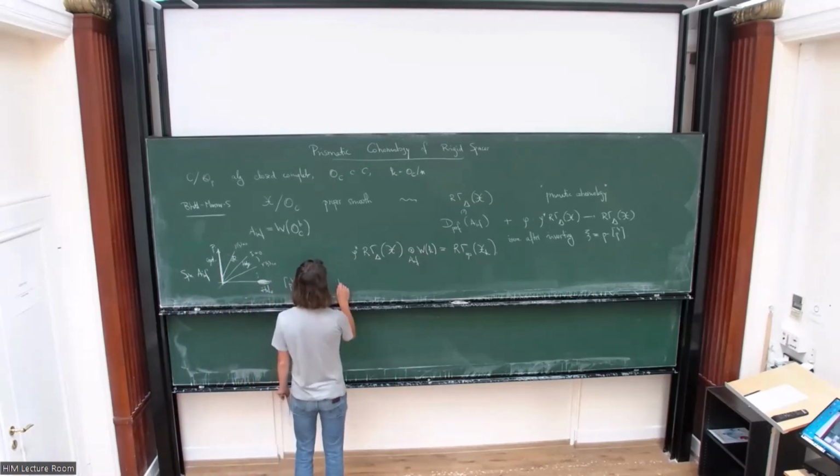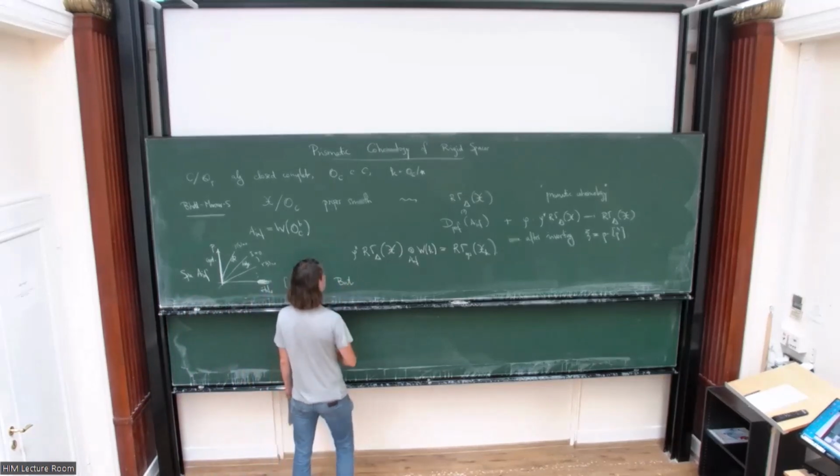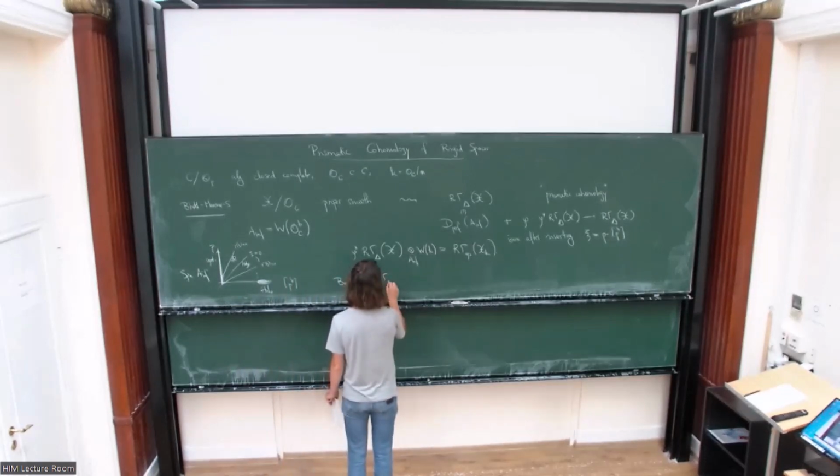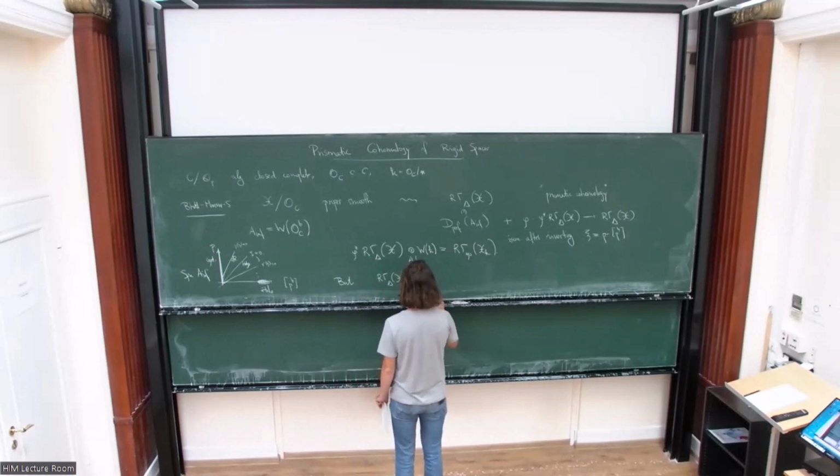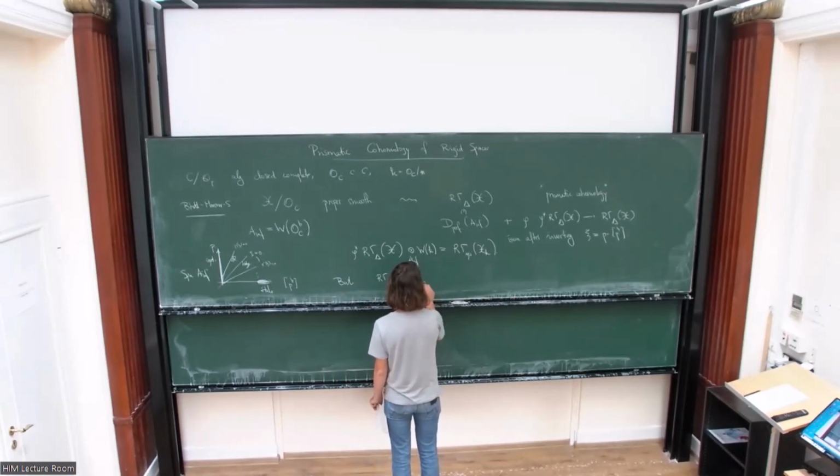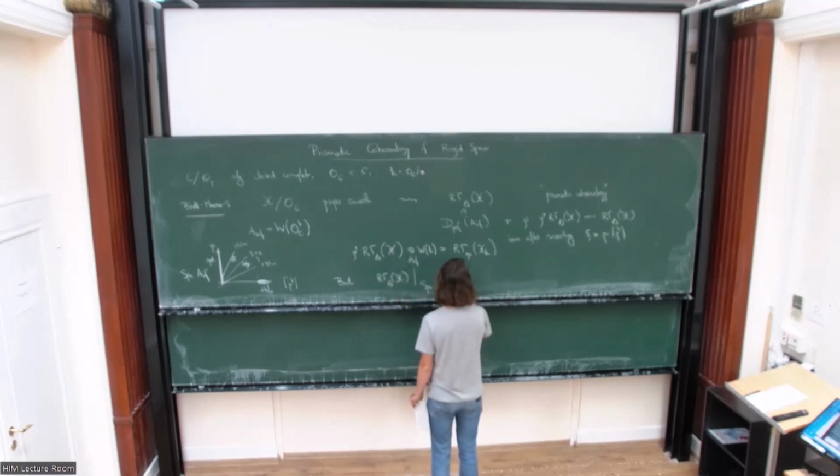But if you take the prismatic cohomology and restrict to, so you can draw this as some kind of vector bundle on the spectrum if you want.